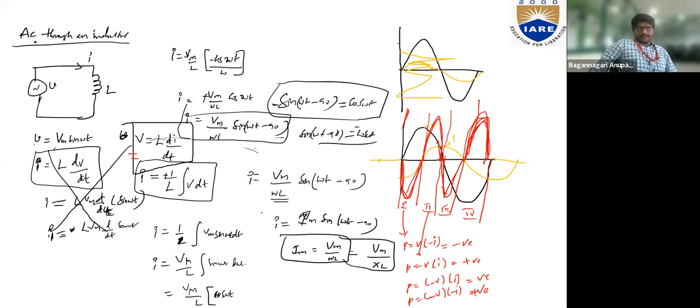I is equal to C dV by dt. Current is given as the time rate of change of voltage in a capacitor. So we gave it as I is proportional to dV by dt, and C is taken as the proportionality constant.